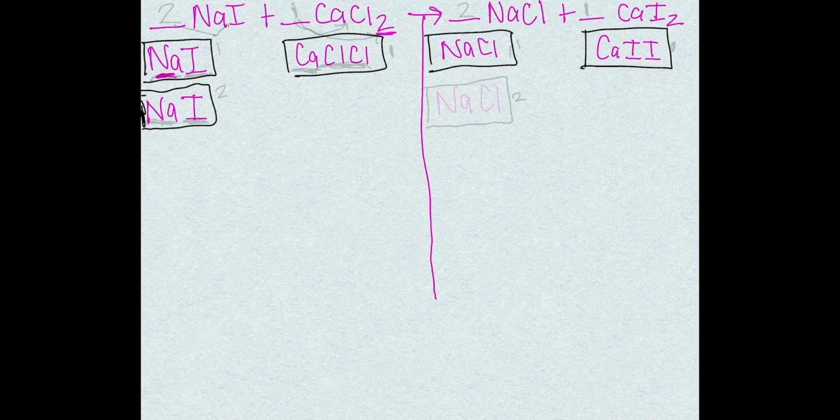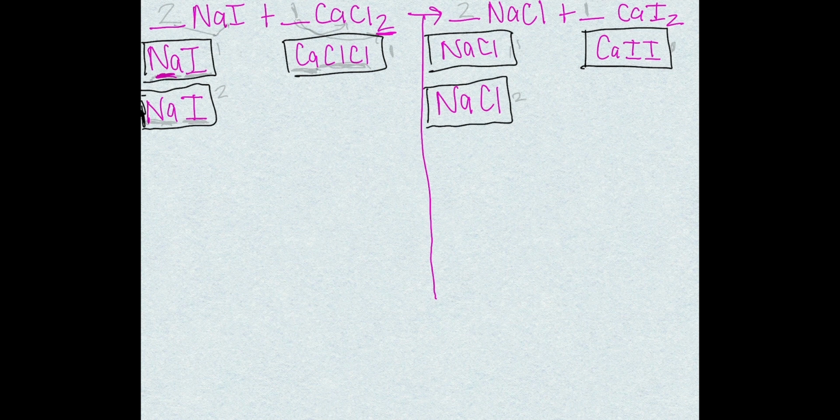However, when I made that move, we noticed that our Na's went up on the reactant side. As a result, I have to go back and fix that for my product side. In order to get 2 Na's on my product side, like my reactant, I'm going to write NaCl. You notice how if I need one of the elements that's in the box, I have to write every element that's inside that box in order to get that element.